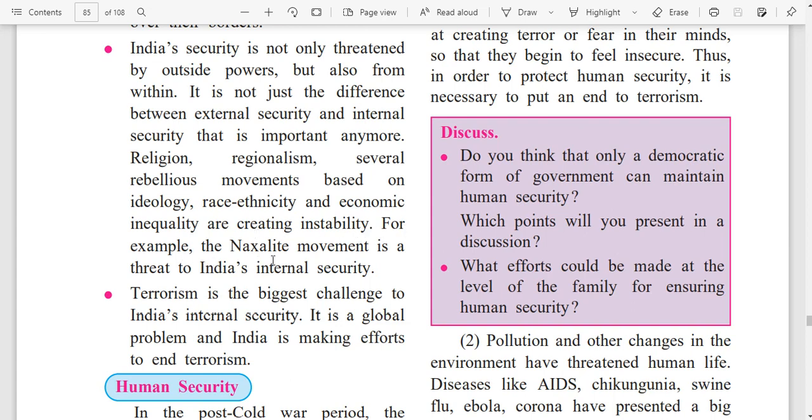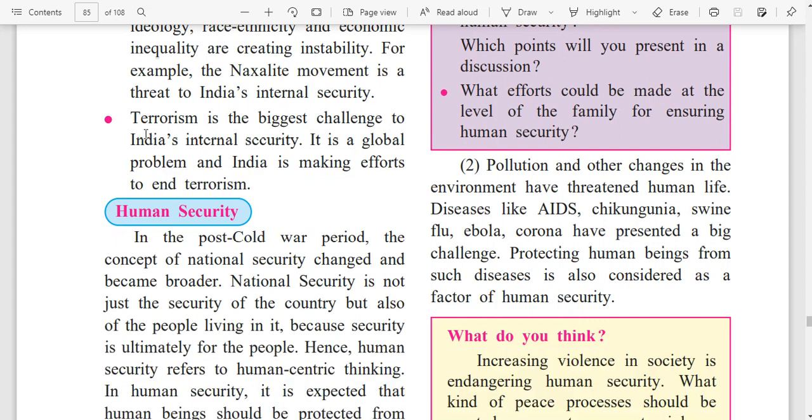For example, the Naxalite movement is a threat to India's internal security. Terrorism is the biggest challenge to India's internal security. It is a global problem, and India is making efforts to end terrorism.